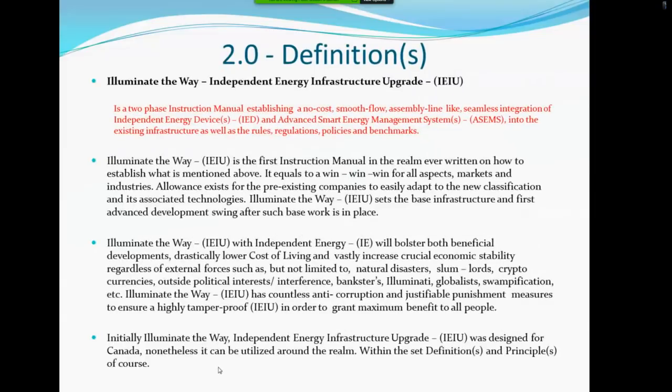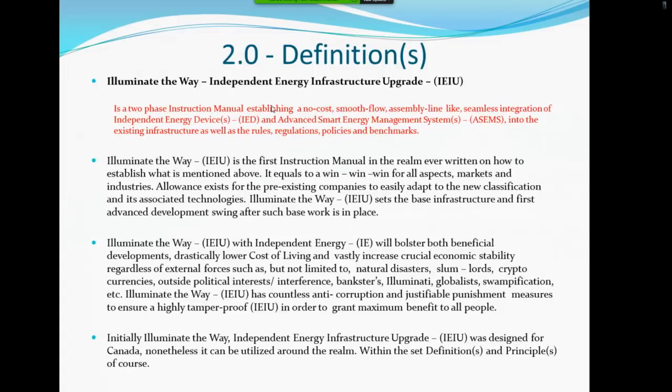Okay, so here is the actual program that works brilliantly for integration, and it provides all the no-cost, smooth flow, seamless integrations, assembly line, like everything like that. So Illuminate the Way, independent energy infrastructure upgrade. And commonly you'll see IEIU being referenced, independent energy infrastructure upgrade. That's what it means.